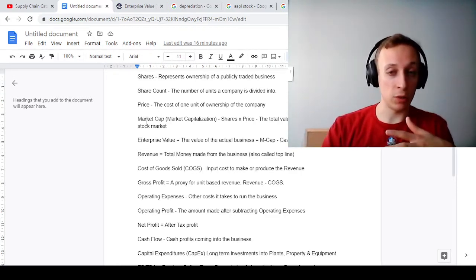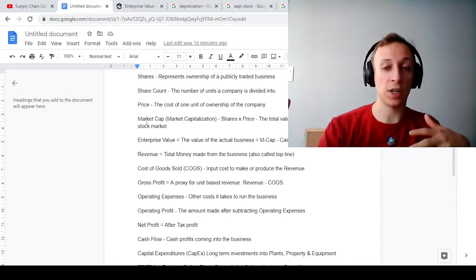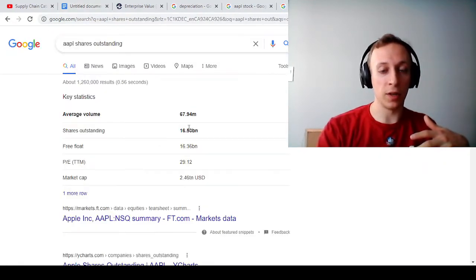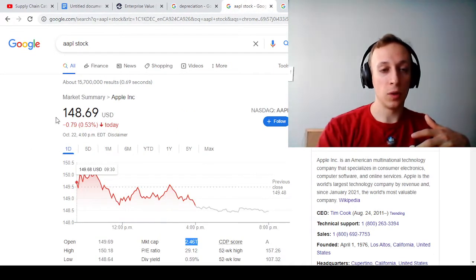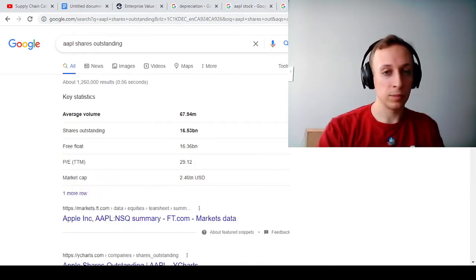If the price went up to $2, the company would be worth $20, right? 10 shares times the price. So that's how you value the business on the stock exchange. So again, if you took this number in Apple, 16.5 billion times 150 bucks, you get 2.46 trillion-ish.